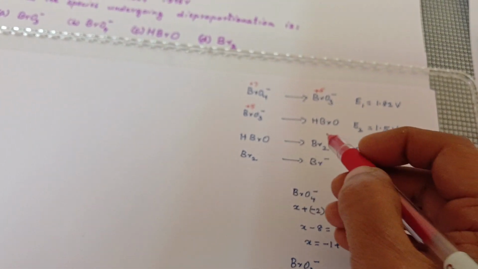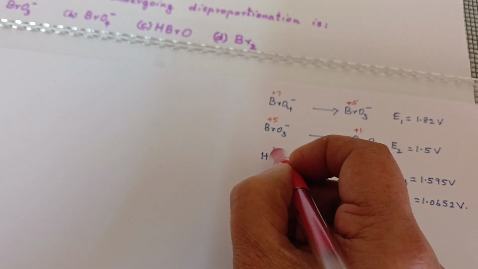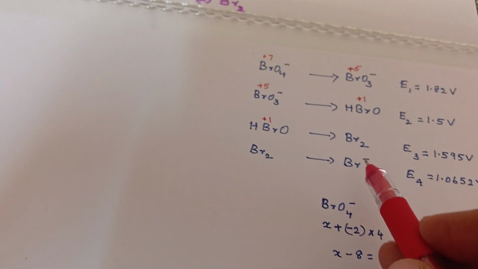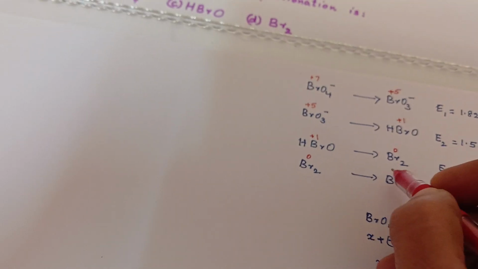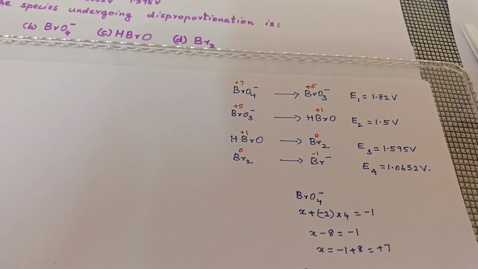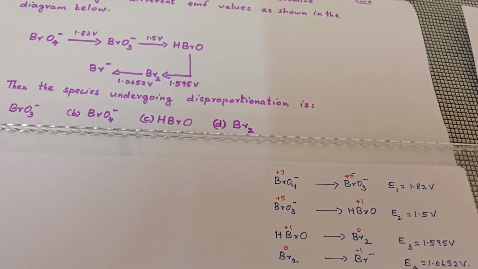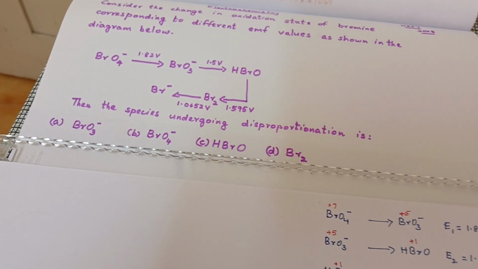So plus 1 is the oxidation state of bromine in HBrO. Here also HBrO, bromine is plus 1. And in Br2, it's the elemental form, 0 oxidation state. Br minus, that is minus 1, is the oxidation state of bromine. So these are the oxidation states of bromine. Definitely they are changing. So let us see which one is undergoing oxidation as well as reduction.